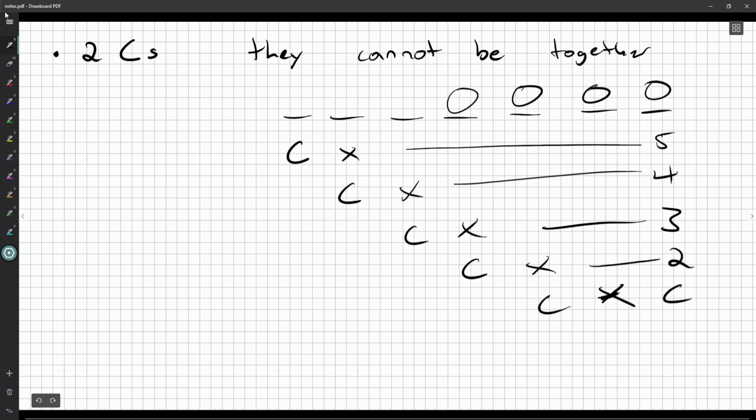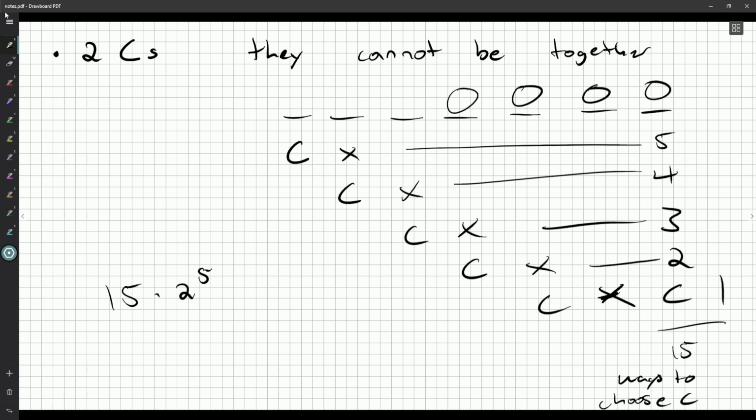You'd have C something and C at the end, and that would be one way. So in total, 15 ways to choose where the C goes. So 15 times 2 to the 5 ways to fill out the other ones. And you can explain that just as you explained the 2 to the 6 that we used. But it's count the number of ways to place the C's and then fill in the rest with A's and B's. That's the basic idea here.